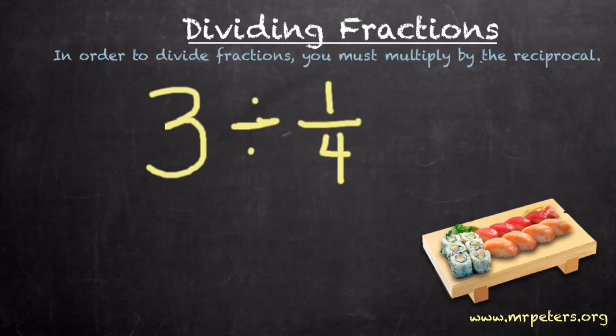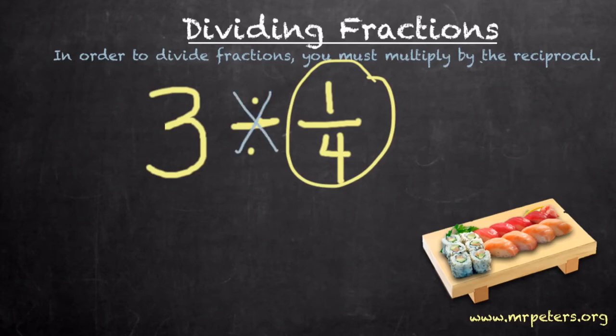Going back to our original problem, we wanted to see 3 divided by 1/4. Okay, so we're taking our 3 cups and we're dividing it by a 1/4. Watch what happens when I take that second number and make it into a reciprocal. To do that, I'm also going to change the division into a multiplication. So now, I take my first number, I make the division a multiplication problem, and I reciprocate.